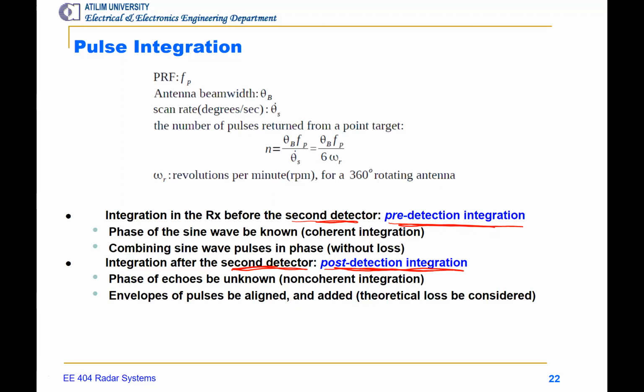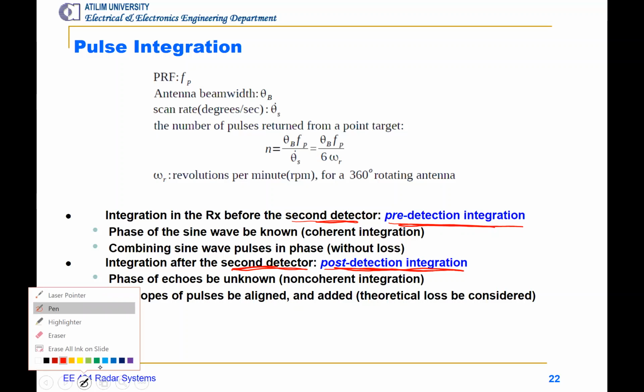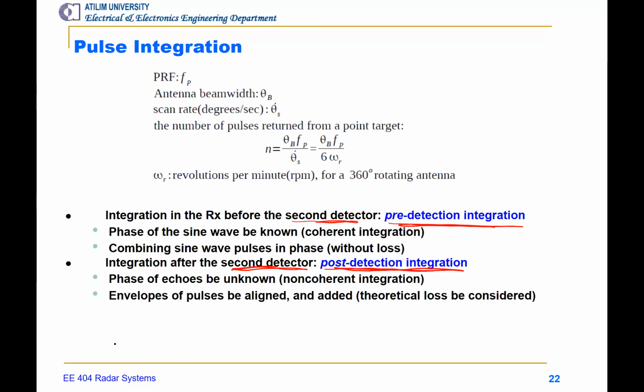So what are the differences? Let us try to illustrate that. If we look at the signal at the input and at the output of the second detector, we can see the difference. At the input of the second detector, we simply got a sinusoidal signal, just like this.